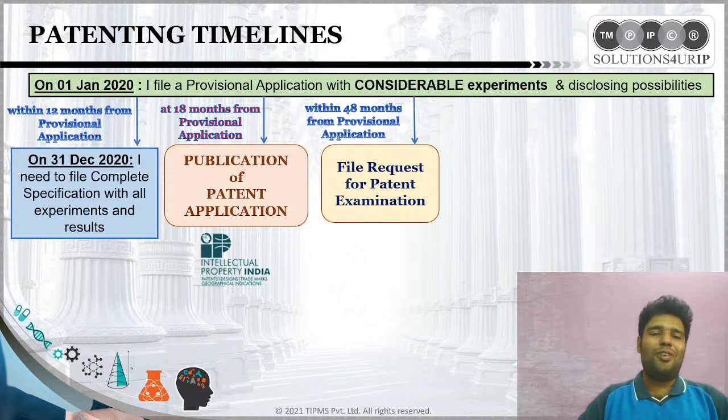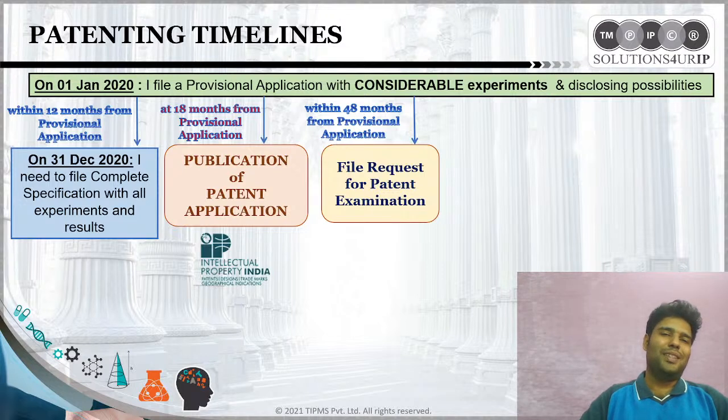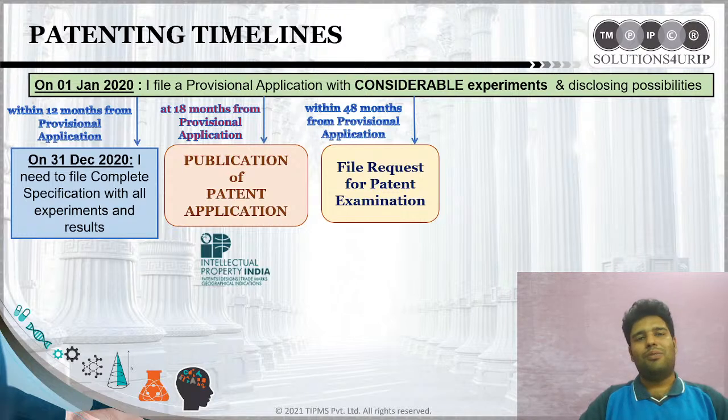If you write that, then that form 9 becomes a wrong answer, because there is nothing called request for early publication. It is request for publication only, but that is not a mandatory form to be filed.